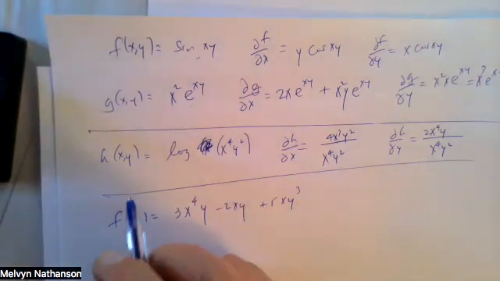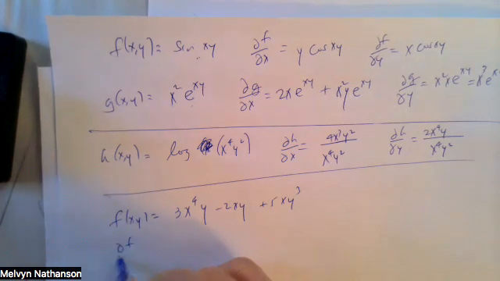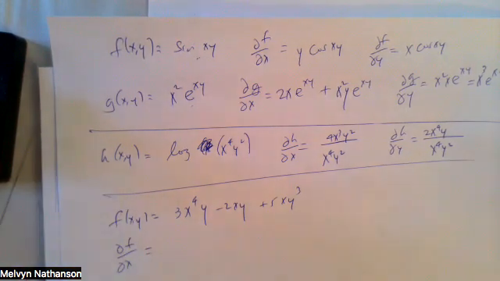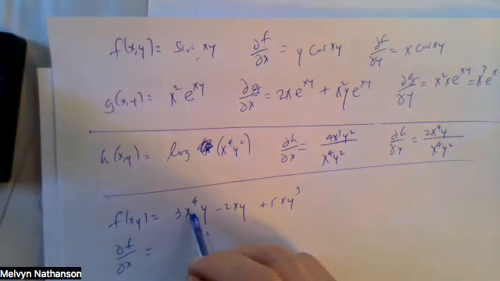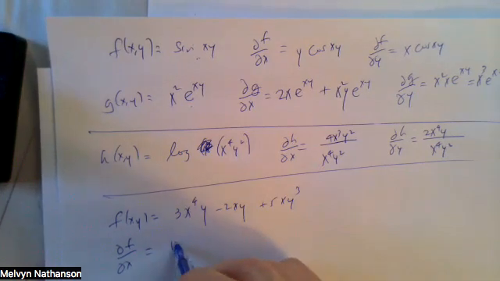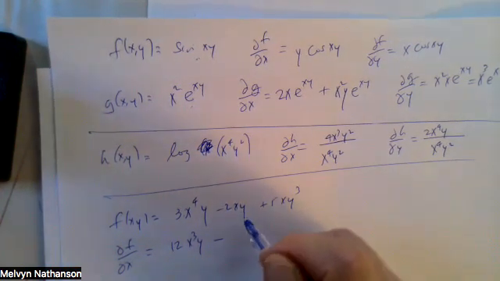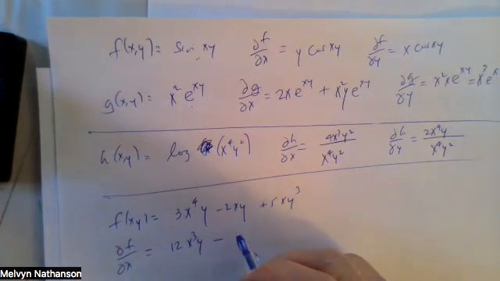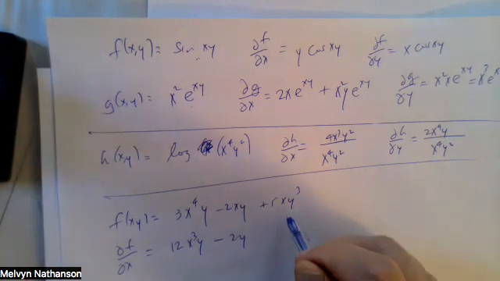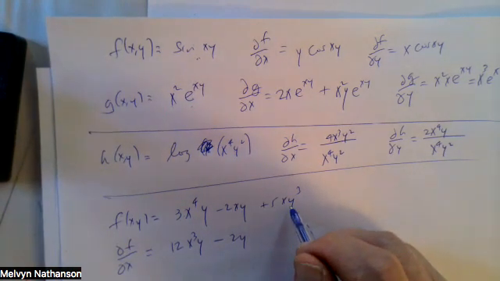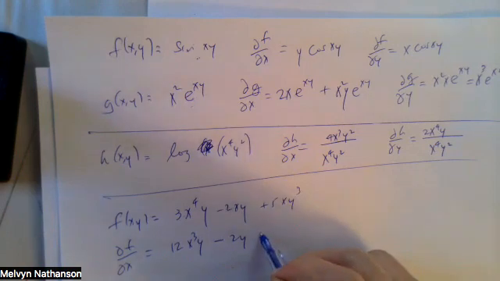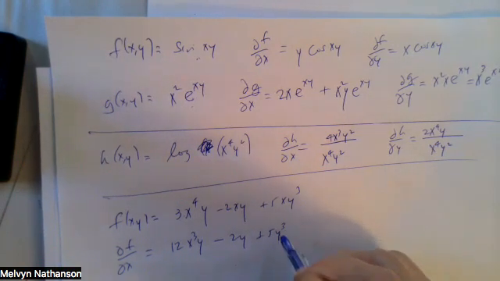If I take the partial of f with respect to x, I get 3 times the derivative of x to the fourth, which is 4x cubed, so that's 12x cubed y. Differentiate with respect to x, minus 2xy is minus 2y. Here we get plus 5y cubed.